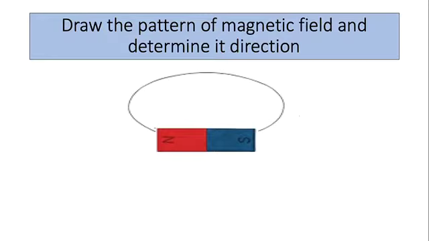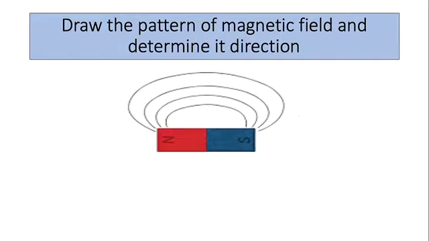So that is the first line. Then you draw the second line. Now remember, when you draw the lines, make sure there is no crossing and no lines meeting each other, because magnetic field lines never cross and never meet each other.